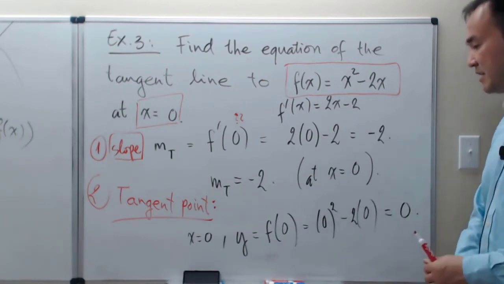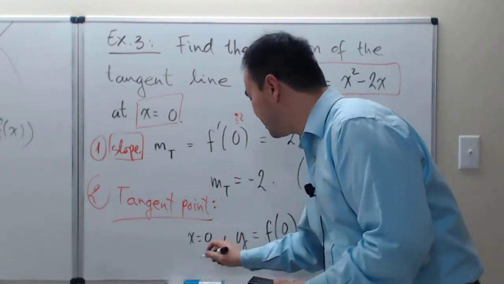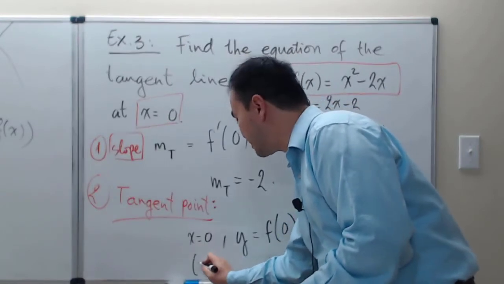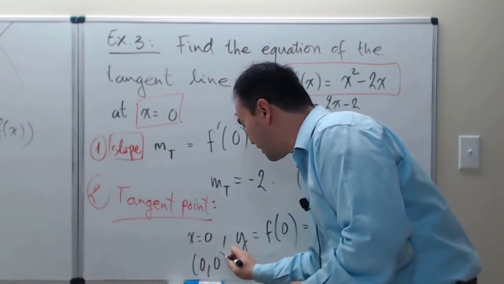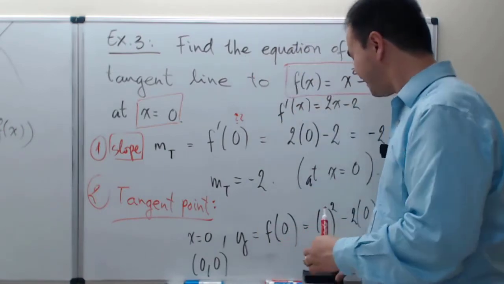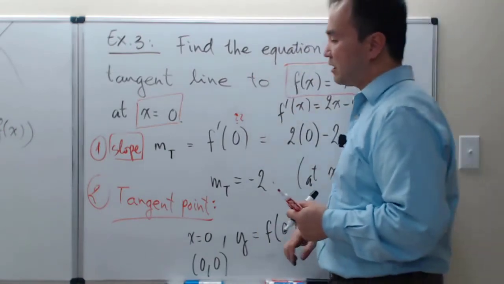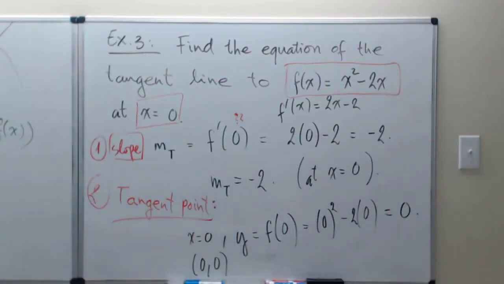So our tangent point is 0 for x, comma 0 for y. That's our tangent point.